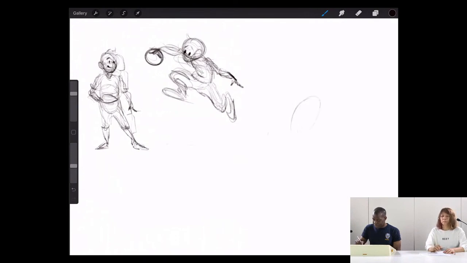So, kids are always very, very expressive all the time. It's actually really cool, because you have these very dramatic little characters doing their thing all the time.